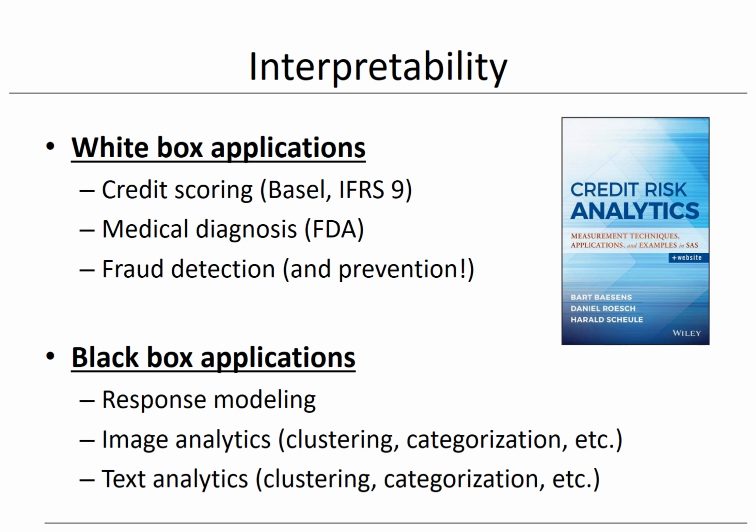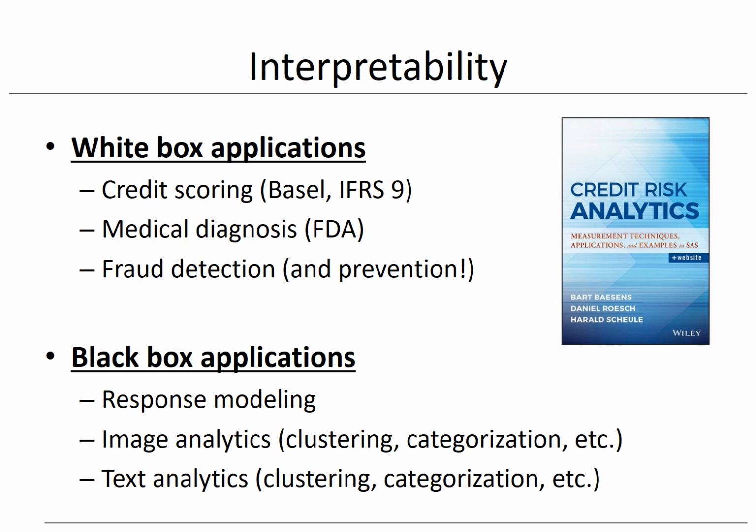I would like to stress, however, that not every application needs white box models. Certain applications are perfectly fine using black box models. And when I say black box models, I mean complex analytical models. And let me give you some examples. I'm thinking about neural networks. I'm thinking about deep learning techniques. I'm thinking about support vector machines, for example. Those techniques can be successfully used in response modeling, for example, right?